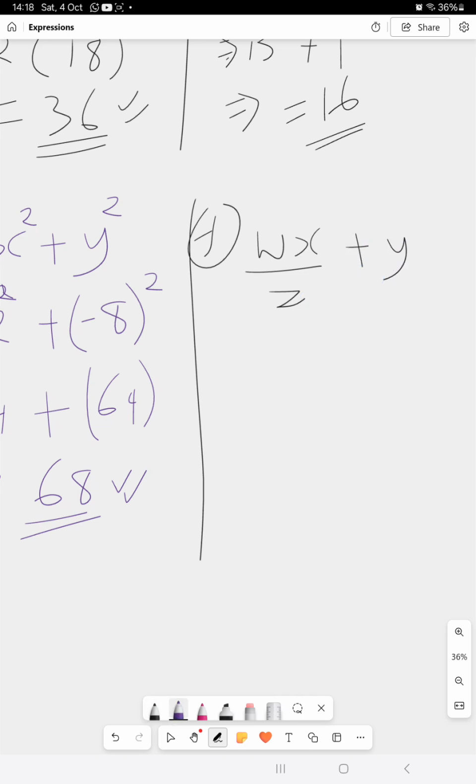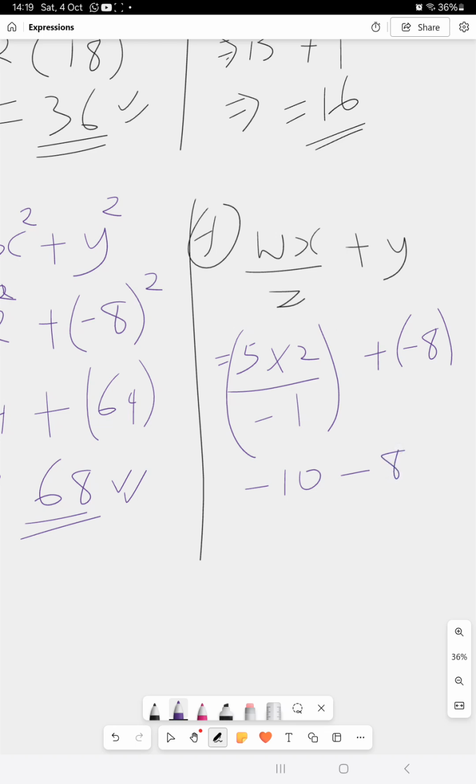W is 5, x is 2, over negative 1, all this, then plus y is negative 8. And this means it is 10 over negative 1, which is negative 10, minus 8. Take note of this. This is positive times negative, and you're getting negative, so you get negative 18.